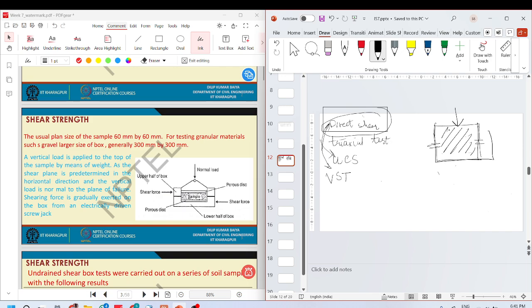It did not get the time to flow out in that time period, and thus it is an undrained loading. Not because it is not open to drainage, but because the conditions are such that the drainage did not get time to take place. Is it clear to everybody?